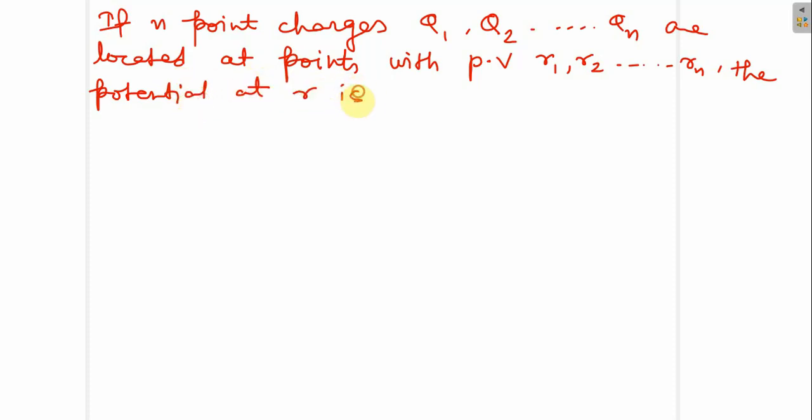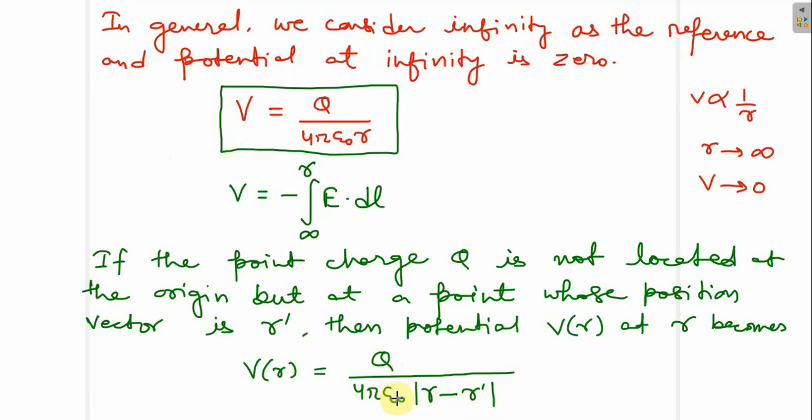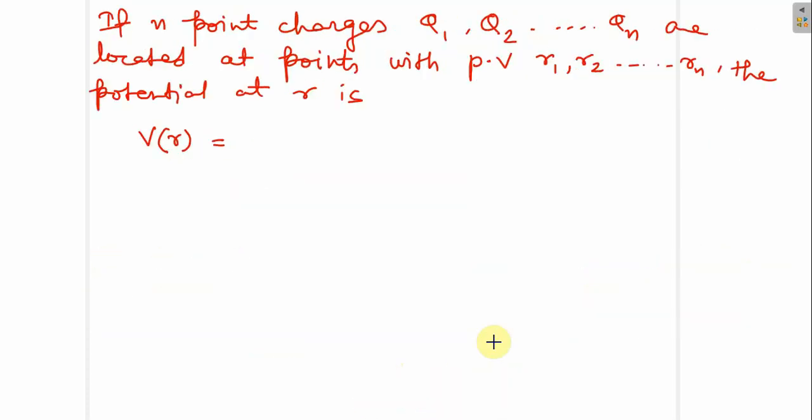Just recall this formula, q upon 4 pi epsilon 0 times the magnitude of r minus r dash. In this way we will write it for the n point charges. So how can we write it?